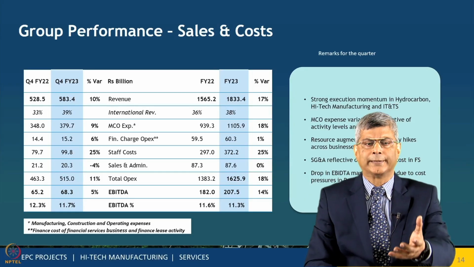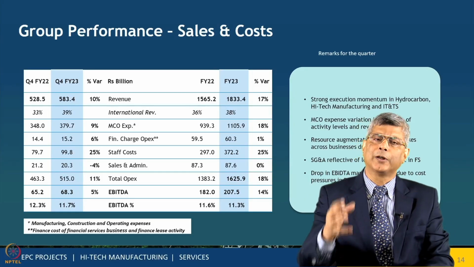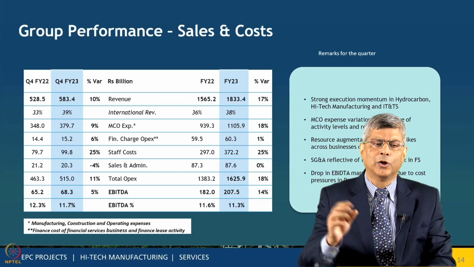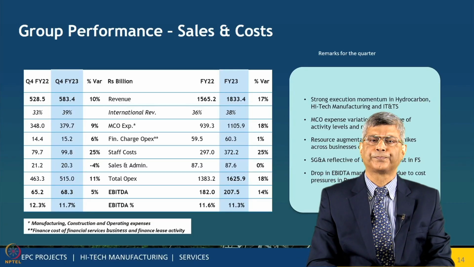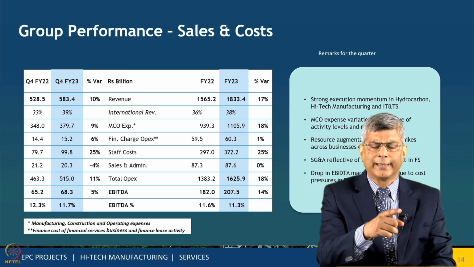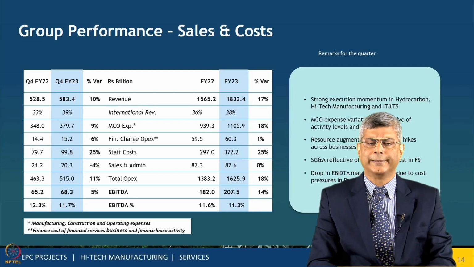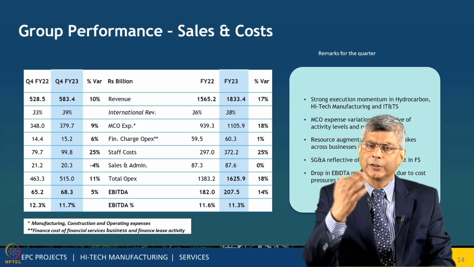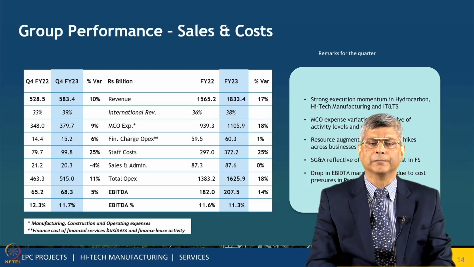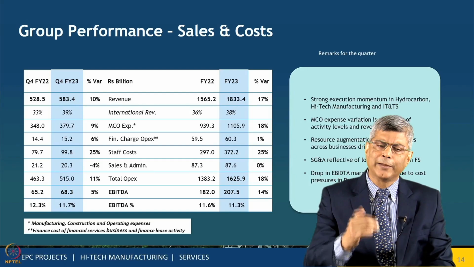L&T also has expenses. So this is MCO expense. Then they've got financial charge OPEX. And you can see at the bottom, it relates to their financial service business and leasing. And they've got staff cost because they're hiring people. And they've got sales and administration costs.